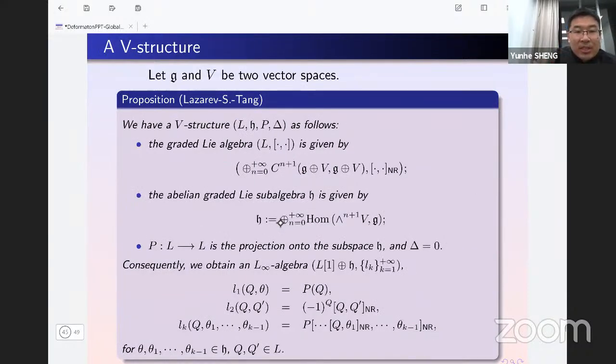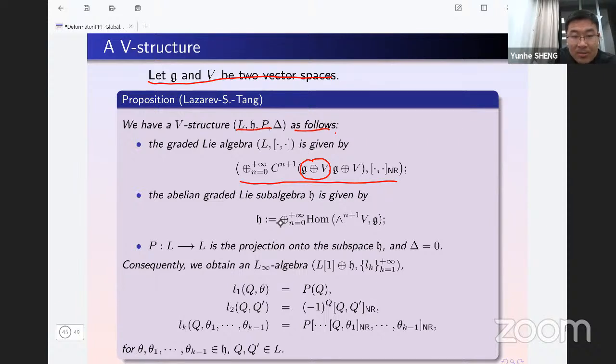Now let G and V be two vector spaces, and we have a V structure as follows. So the graded Lie algebra is given by this. We consider the direct sum of G and V, and then the associated graded vector space. There is a Nijenhuis-Richardson bracket, which is a graded Lie bracket.